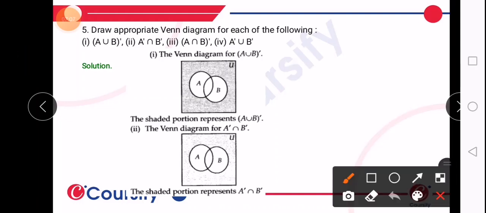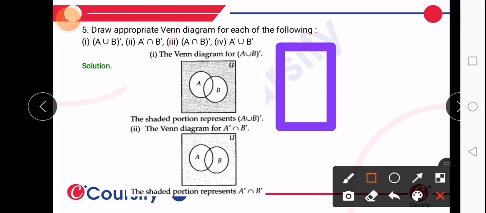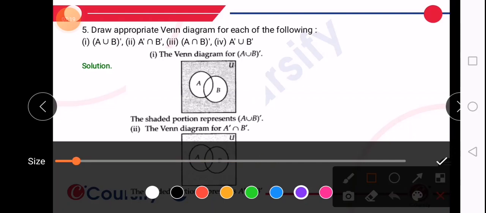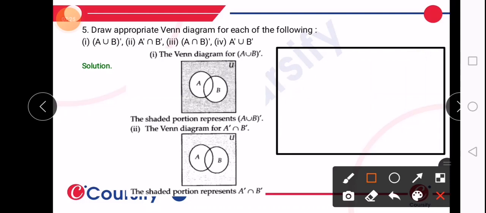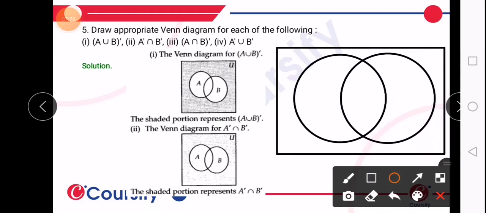Next, we have A complement union B complement, which means, let's make another diagram. Okay, I'll close that and I'll use the black one. A and B. Next, we have given A complement union B complement.